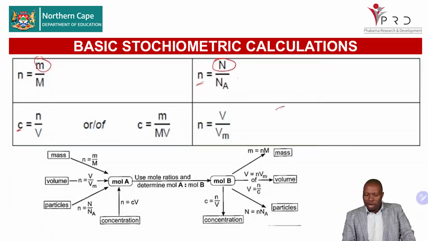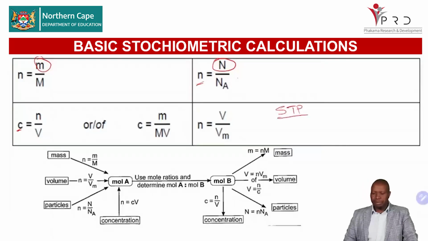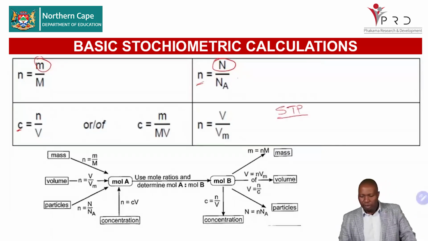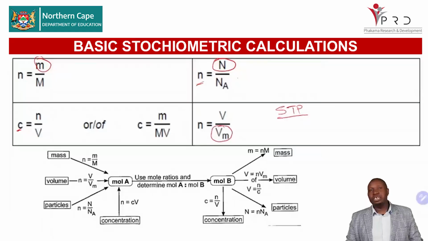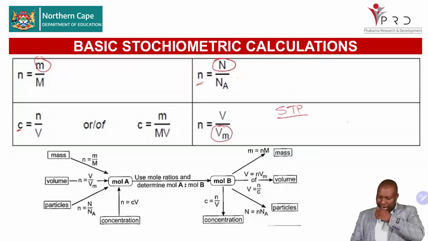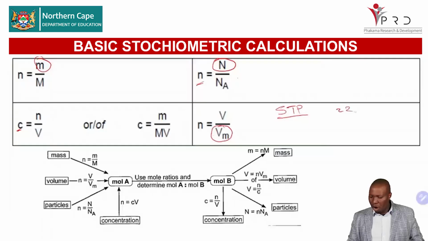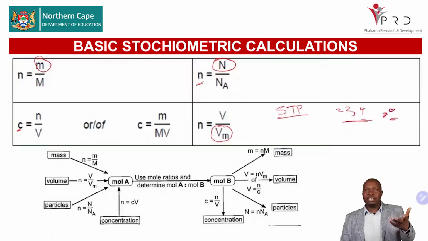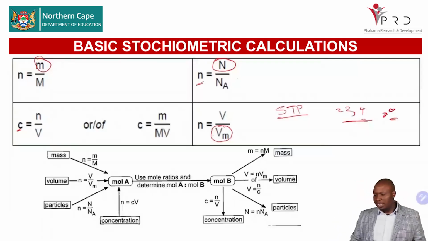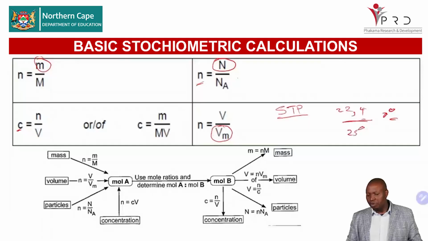But now when we are given the standard conditions, STP, standard temperature and pressure, definitely molar volume. Sometimes you'll just be given molar volume. Remember, we had our molar volume at 22.4, the one that we're using at 0 degrees. But for example, when you are at a temperature maybe of 25 degrees Celsius, the molar volume will change.